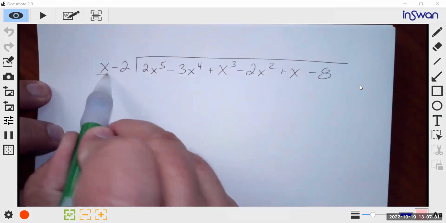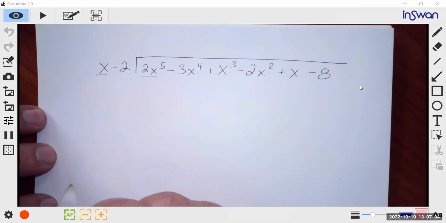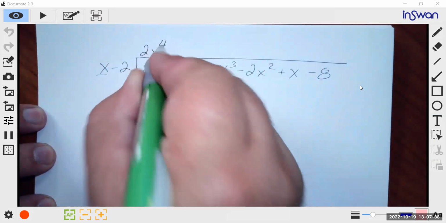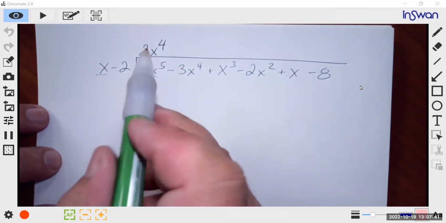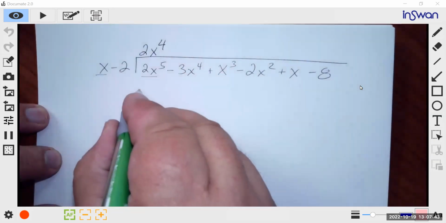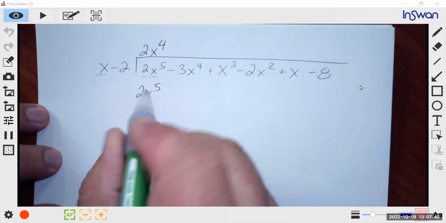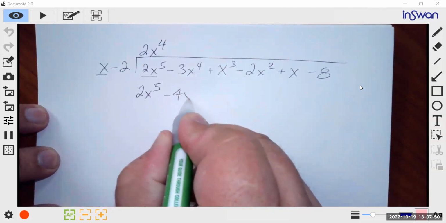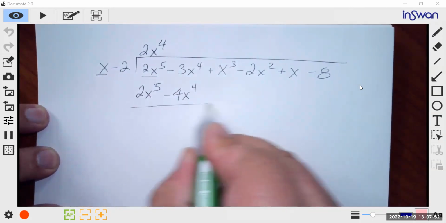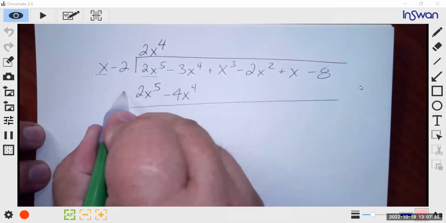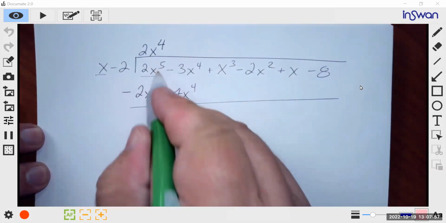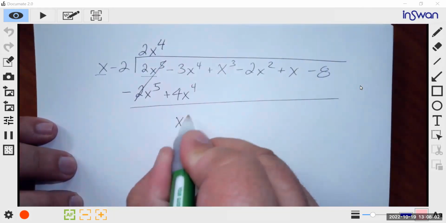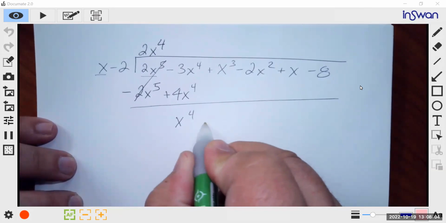So what times x gives me 2x to the 5th? 2x to the 4th, right? So 2x to the 4th times x is 2x to the 5th. 2 times -2 is -4, x to the 4th. Change the signs and add. 4 minus 3 is 1, x to the 4th, and bring everything else down.